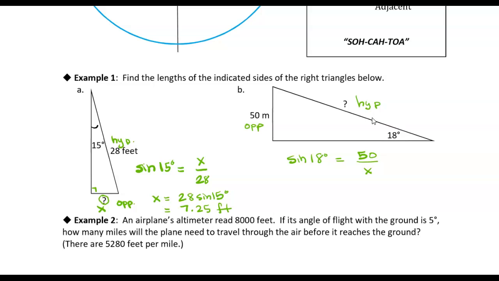Once we've got that, we just need to solve for x. I'm going to cross multiply here. If I take both sides times x, I get x sine 18 degrees equals 50, which means that x is equal to 50 over sine of 18 degrees.